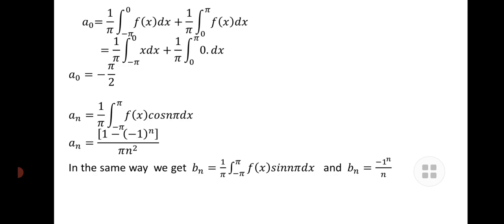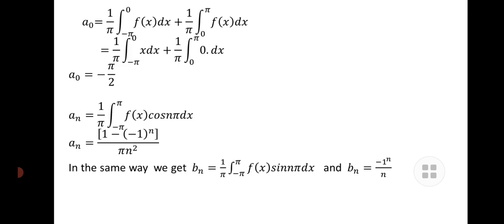Using that, the function f of x is minus x dx, and in the other interval f of x is equal to 0. On integrating, the integral of x is x square divided by 2, running from minus pi to 0. Applying the upper limit and lower limit, the a0 value is minus pi divided by 2.